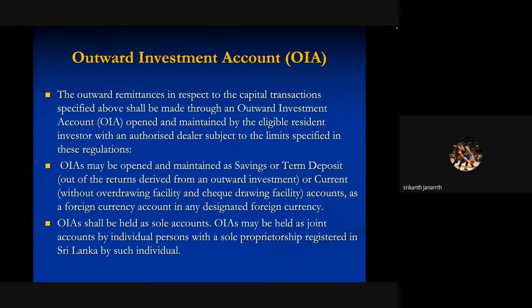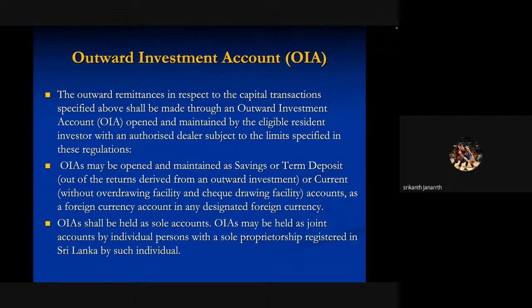So as I told you last class also, you have to be very careful when you are making outward investment. Remember, when you are converting rupees and making outward investment, you can't transfer funds to the OIA and keep the money there. When you are making an initial investment, let's say you want to buy, as an individual, Google shares. You decided to buy 1,000 shares of Google, but initially you want to buy $3,000 worth of shares.